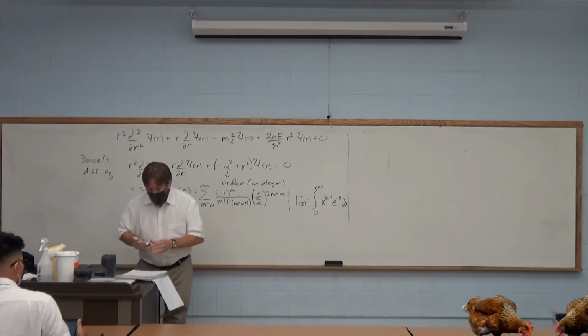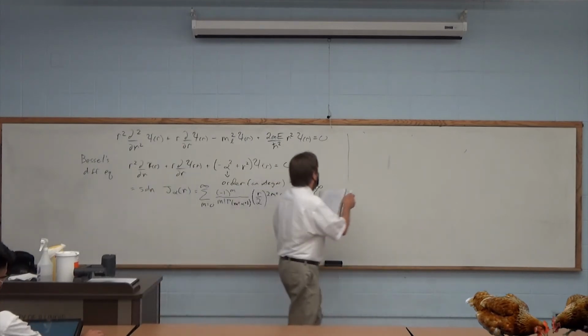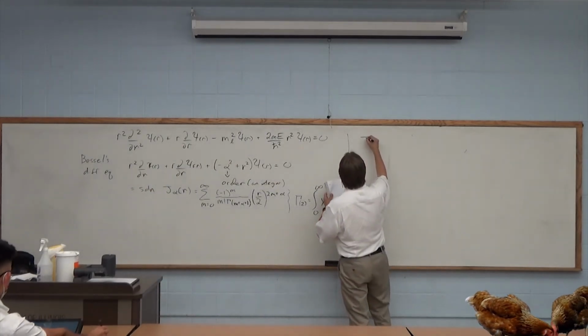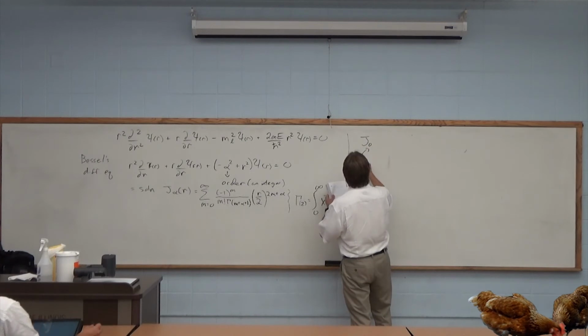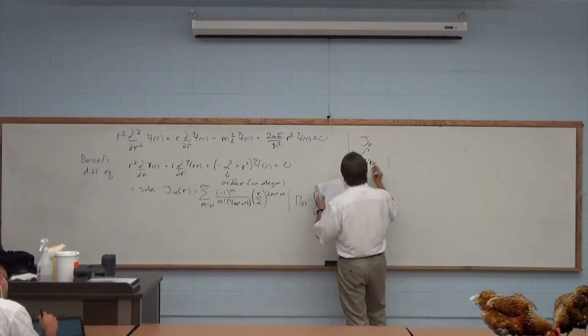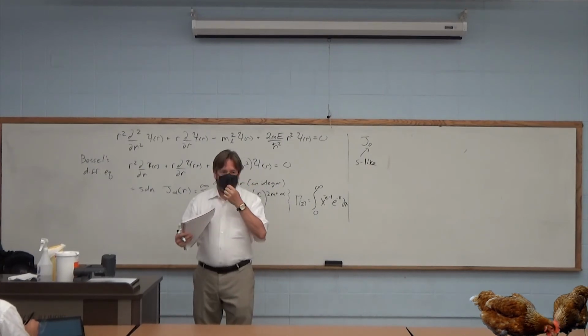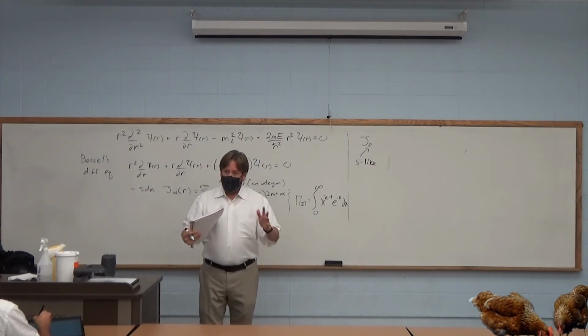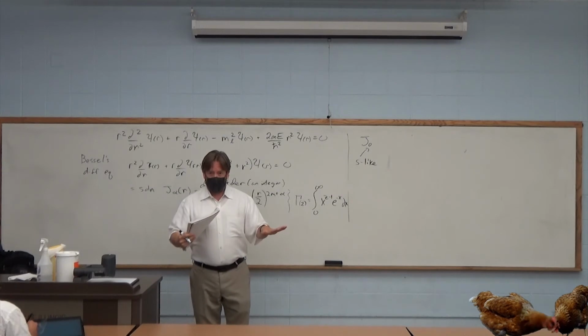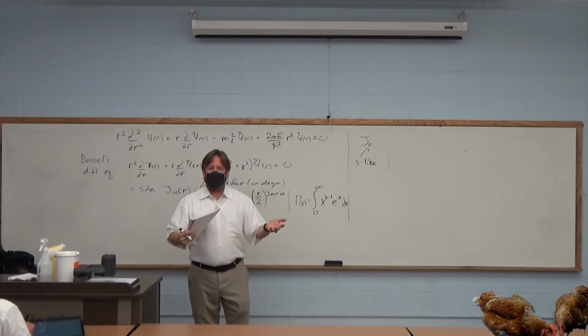Okay, so this is what it looks like. Now it turns out that J of 0 is S-like. So this particle in a cylinder, or particle in a sphere trap, is really similar to the hydrogen atom. It's not the hydrogen atom because the hydrogen atom has a Coulomb potential.